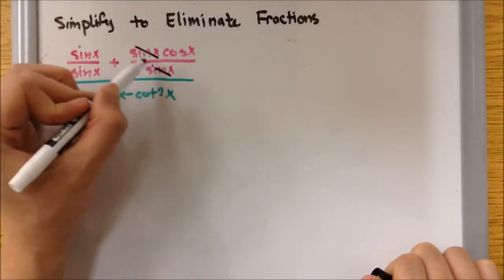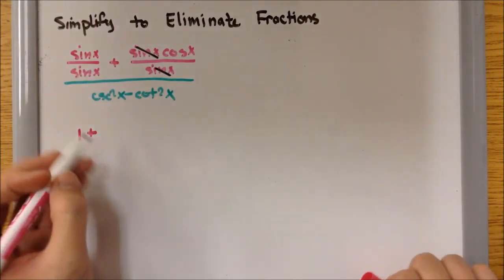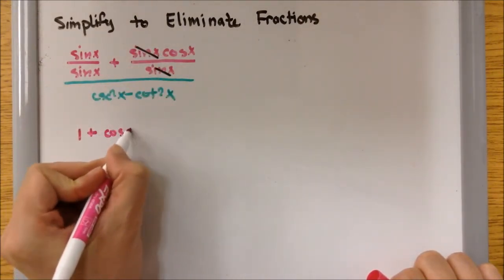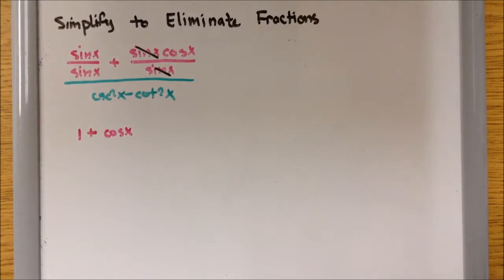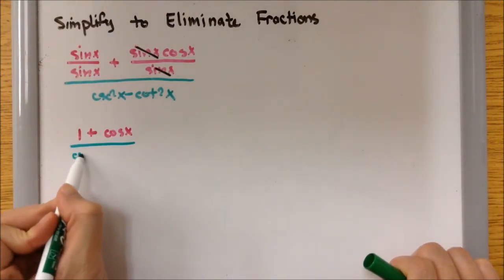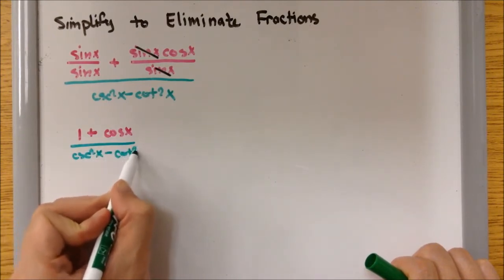Again, I can do that because on the numerator it's multiplying. So after 1 plus, the only thing that is left is cosine of x. And then on the denominator, it's still cosecant square x minus cotangent square x.